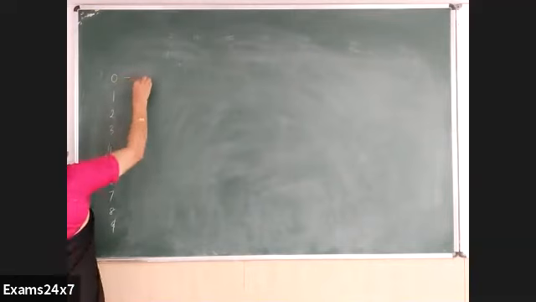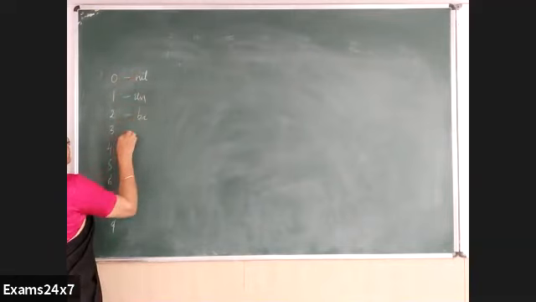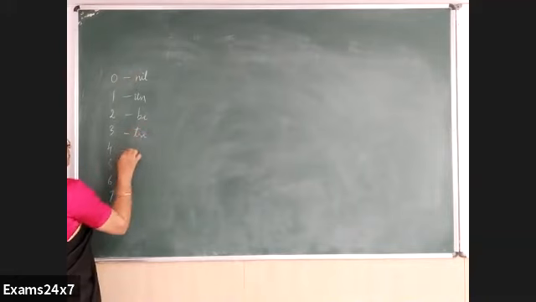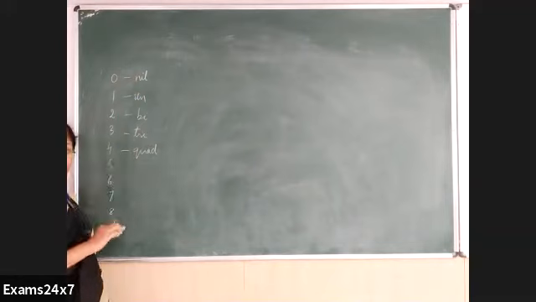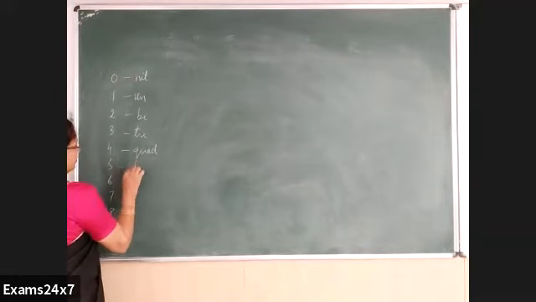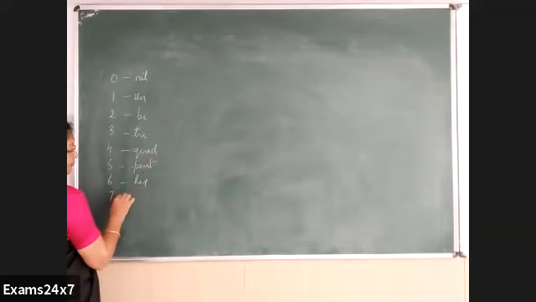Nil, un, bi, tri. It's not tetra. Tetra comes in organic. Here it is quad. Pent, hex. It is not hept, it is sept.